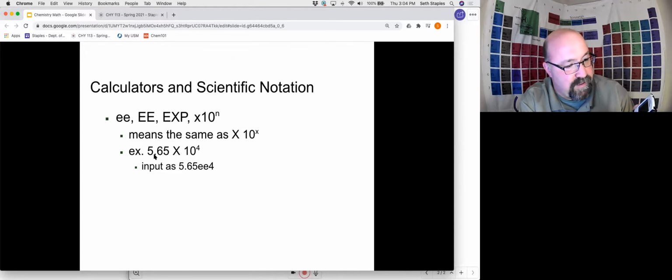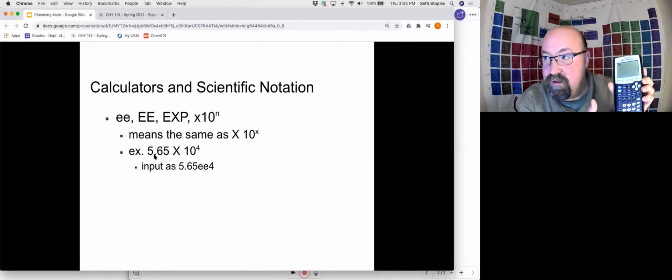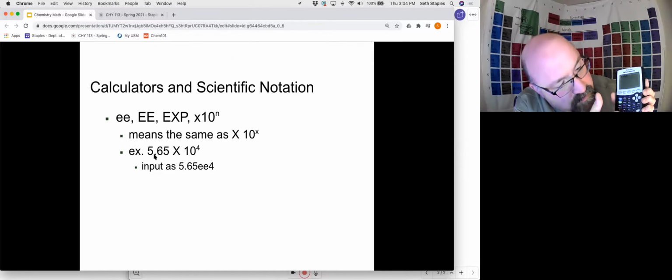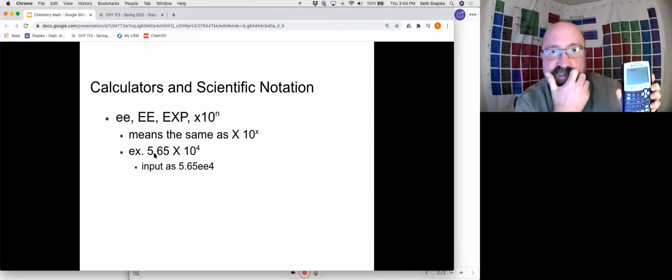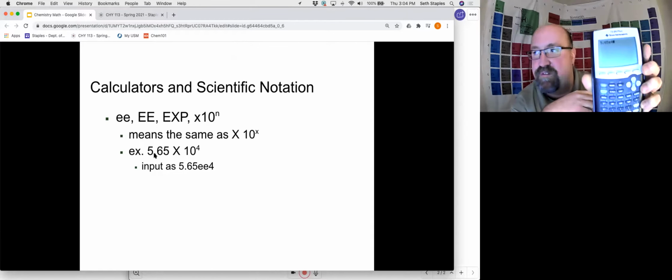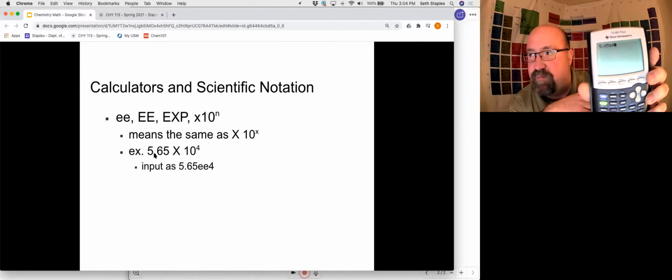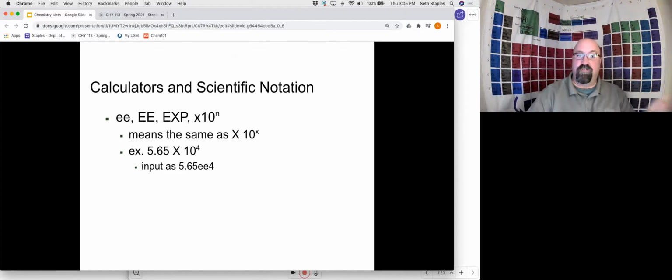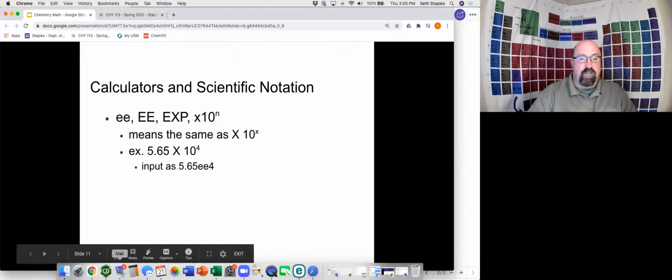So in this type of calculator, I would literally go 5.65, second EE, 4, and then I would put it in just like that. You can see how it's actually displayed on the calculator, 5.65 E4. That puts it in as scientific notation.